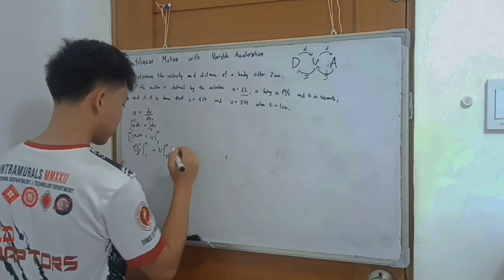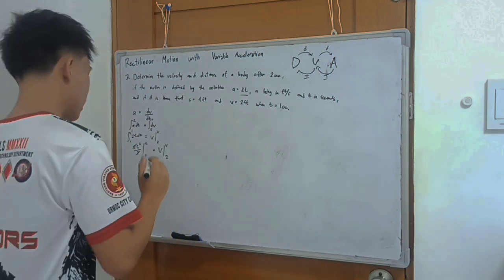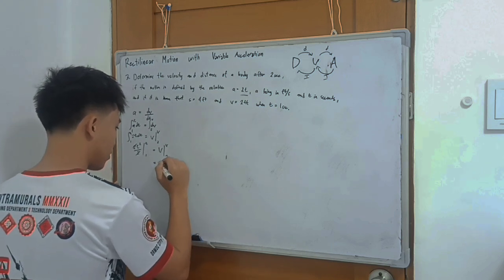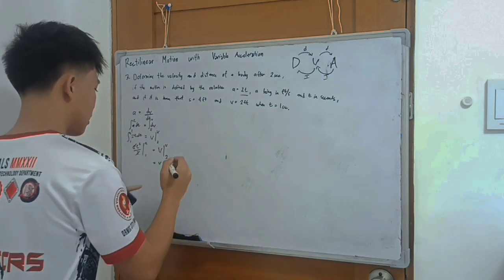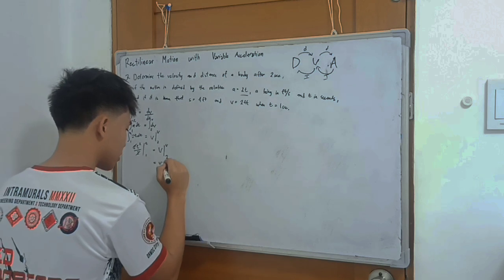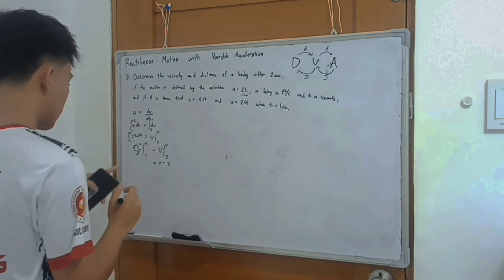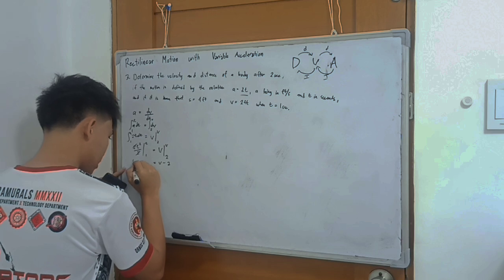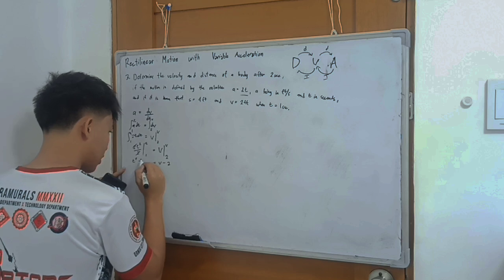Substitute the upper limit and the lower limit: v minus 2 equals t squared minus 1.